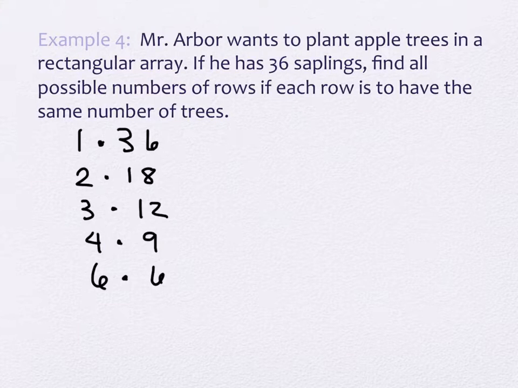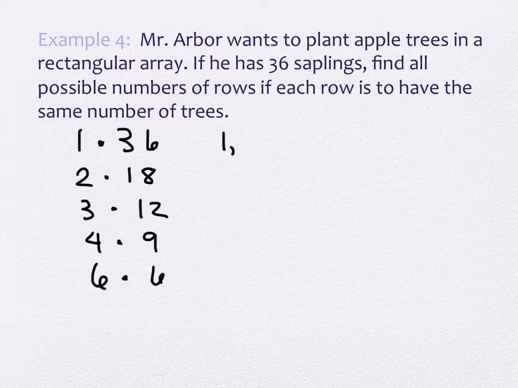So how many different possible rows can he have? Well, any of these numbers, right? So you might say he could have 2 rows of 18, but somebody's going to say, oh, no, he could have 18 rows of 2. Okay, we're not talking like that. It doesn't matter. It's an irrelevant point. Any of these are possible numbers of rows depending on how you're counting your rows.